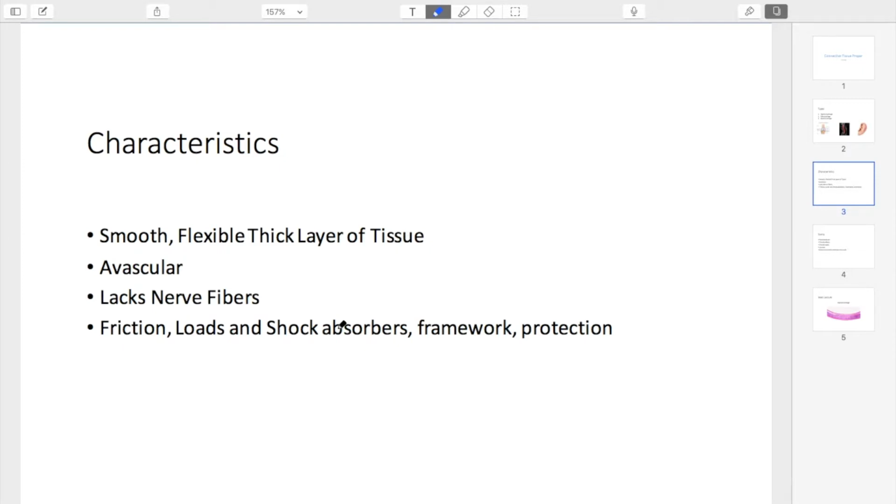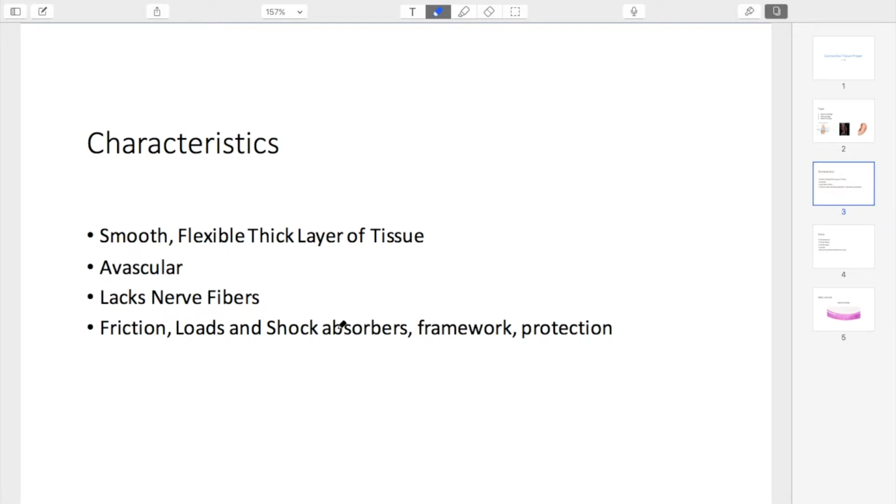They are avascular. What does that mean? They do not have blood supply. Then how do they get nourished? I'll tell you that in a short moment. They also lack nerve fibers, and their main function is to reduce friction and loads, and to act as shock absorbers.